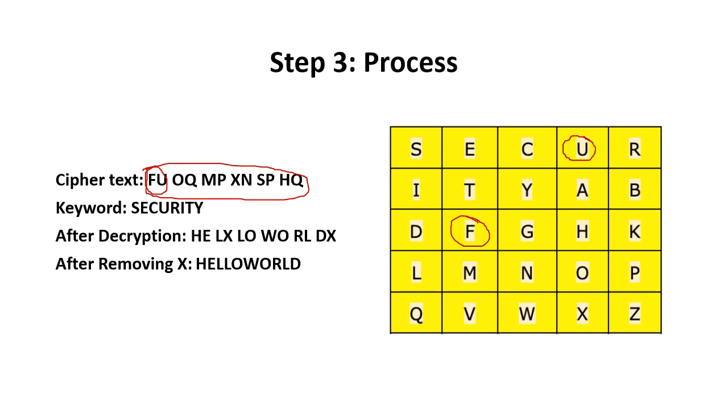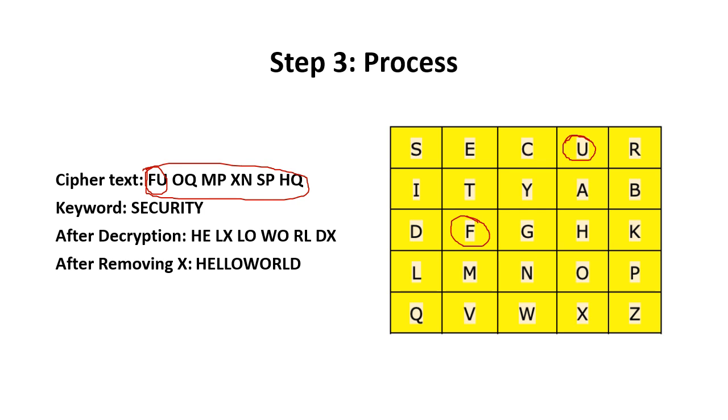Here also we have to follow those three rules. If the letters of the pair appear in the same row, this comes under rule number one. If the pair elements appear in the same column, this comes under the second rule. And if both letters appear in different rows and columns, we form that rectangle and take the letters at the corners.